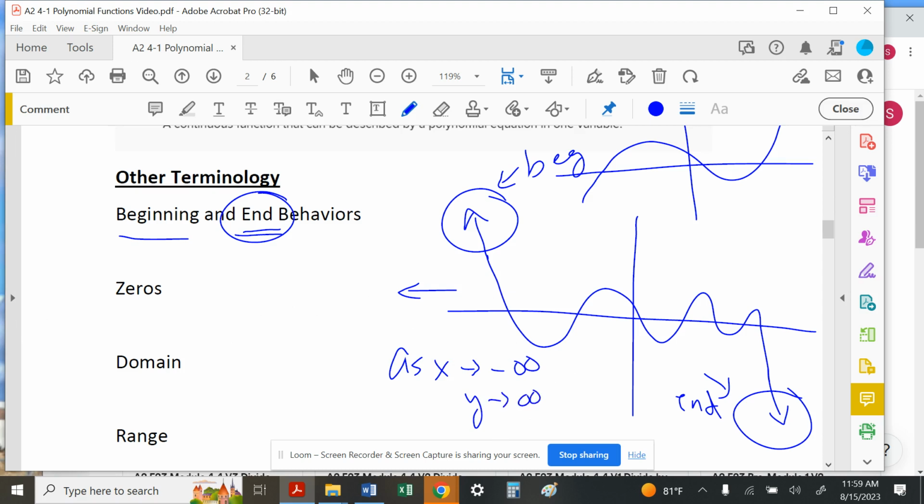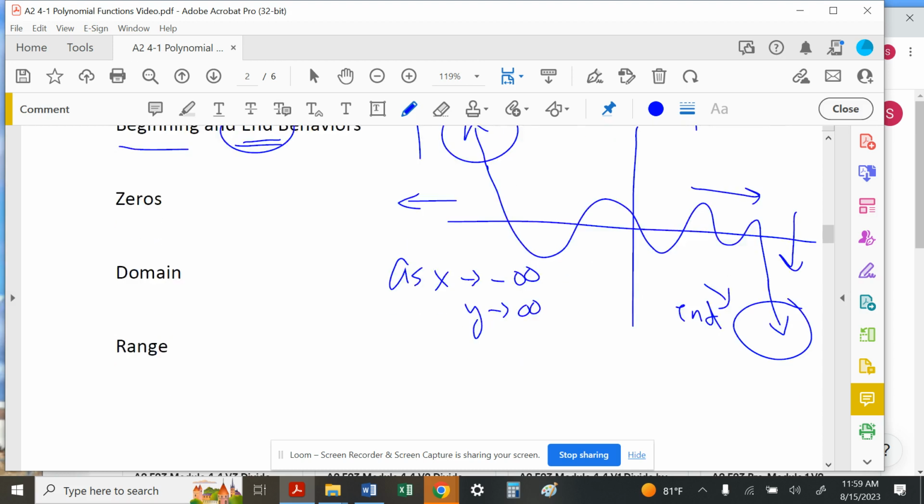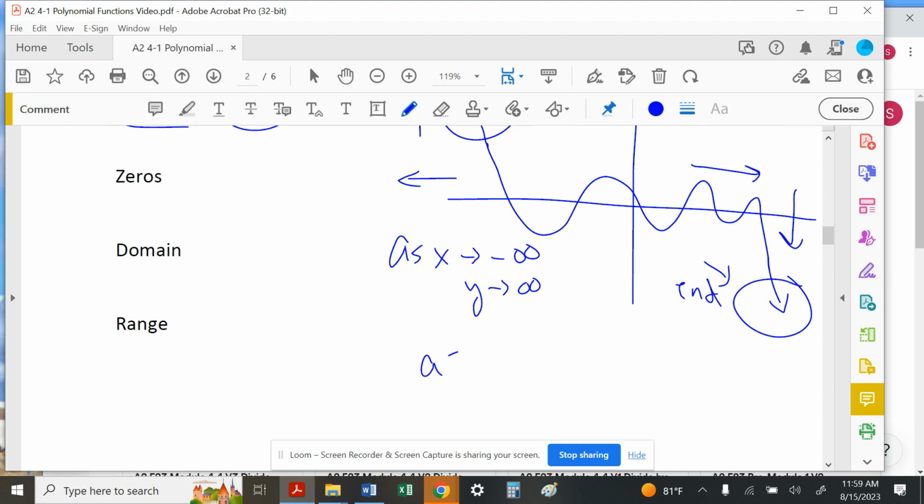And that's only for this particular example. It's not always true for any function, but notice as we go this way, y is going up, right? And y is going that way. Okay, as x goes to the right, we can see that y goes down. So rewriting it the same way, as x goes to positive infinity to the right, y goes to negative infinity. And again, it's only in the example that I've given you.